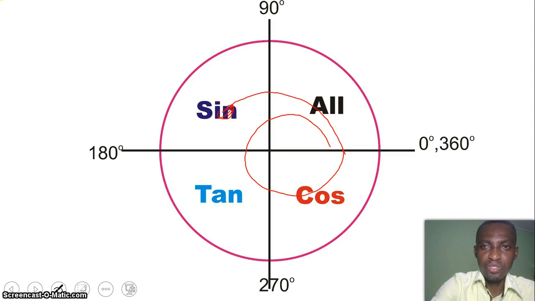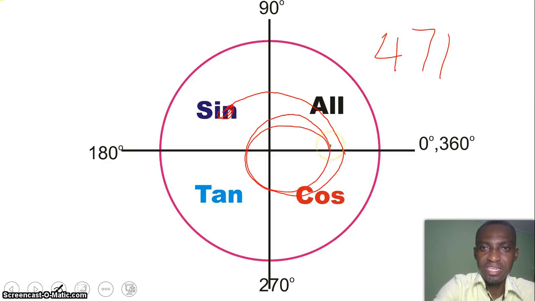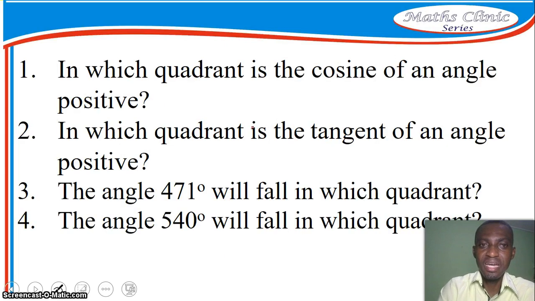All right, because we are talking about 471. After the complete revolution, we get 360, then we continue until we get 471, and it will end in the second quadrant, which is sine. So when the question asks in which quadrant the angle 471 will fall, it will fall in the second quadrant. Then what about 540?